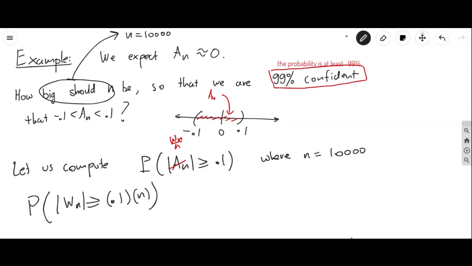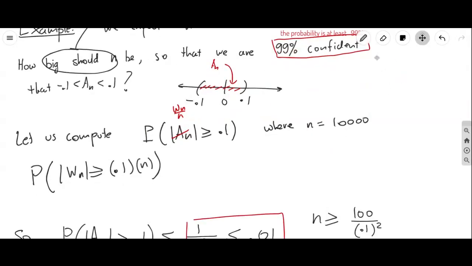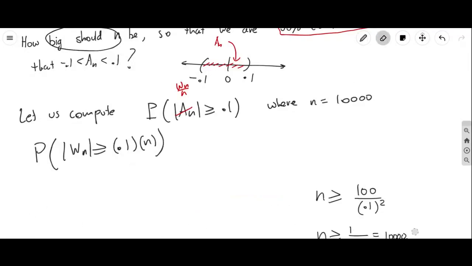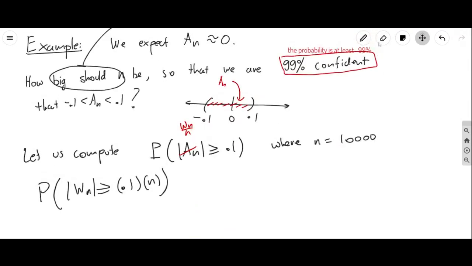And how do you calculate the probability? In this case, n is 10,000, so it's 0.1 of 10,000, which is 1,000. So you want the random walk to be at least 1,000.